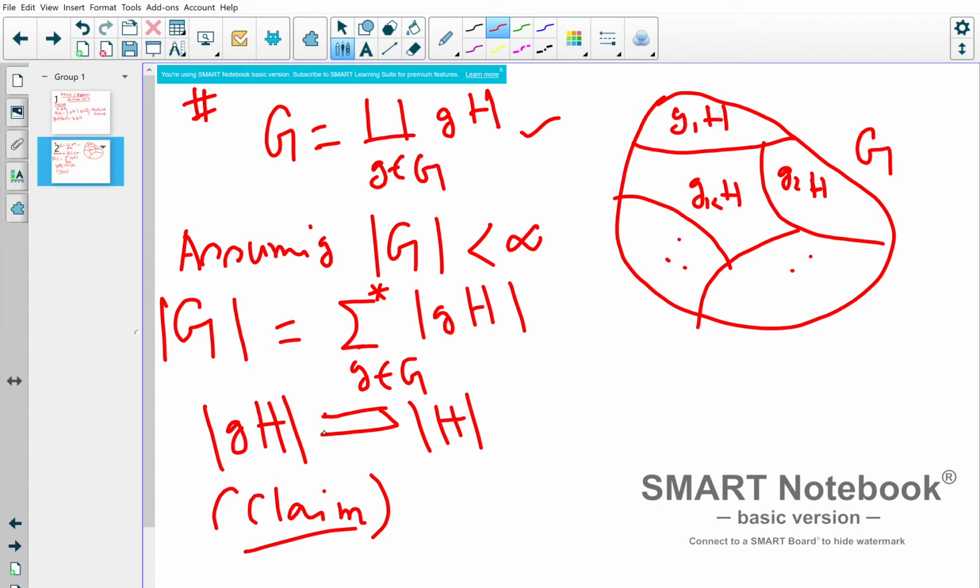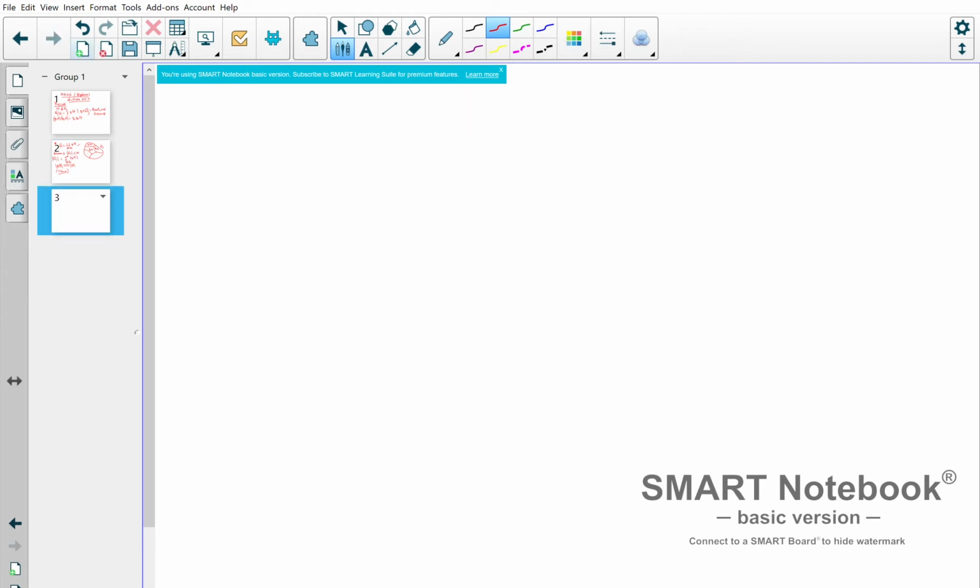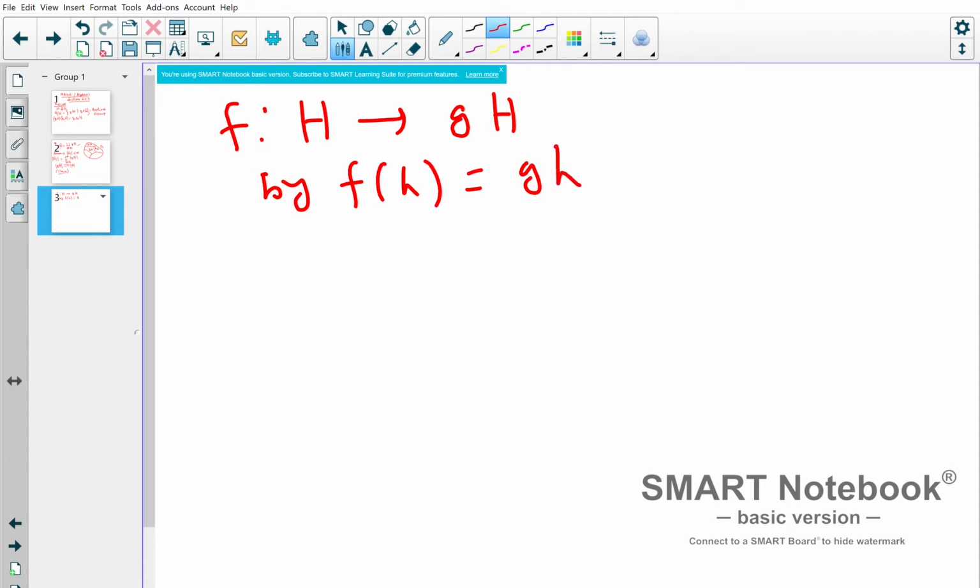They have the same number of elements, so you can find a bijective map from one to another. Let me define a map f from H to gH by f of h equals gh. Let us check whether this map is bijective, then we are done.